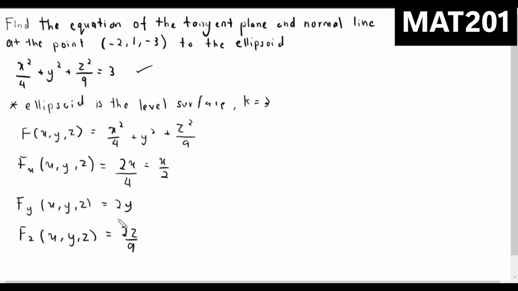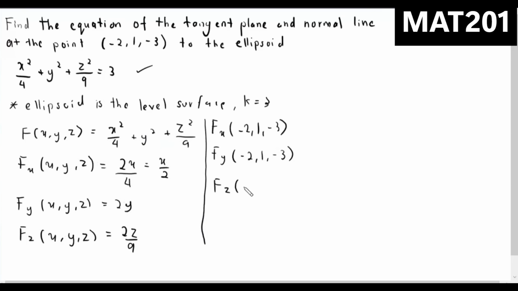The next step is to find the grad f, the partial derivatives at that particular point given to us, (-2, 1, -3). So we have f sub x, f sub y, and f sub z at (-2, 1, -3). The combination of them is what we call grad f or del f.